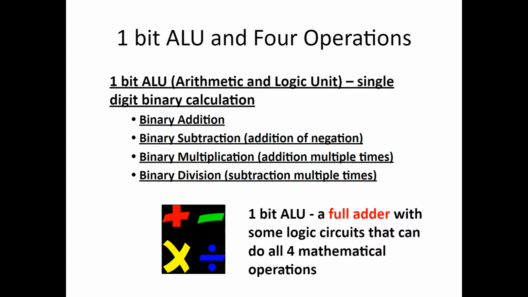Well, they can all be built out of addition. Subtraction is essentially just the addition of negation. Multiplication is addition multiple times. And division is essentially just subtraction multiple times, or addition of multiple negated numbers.